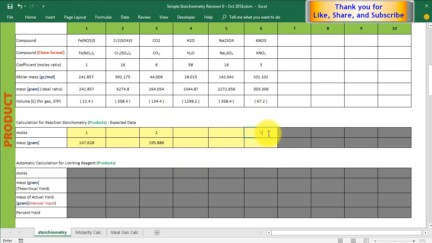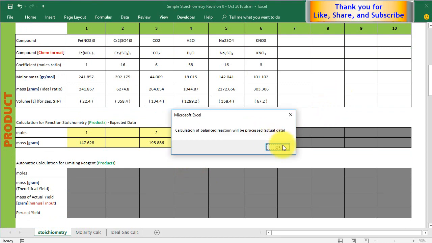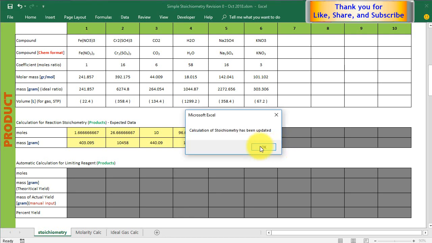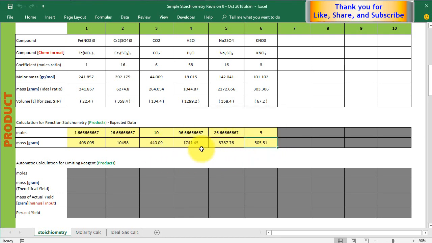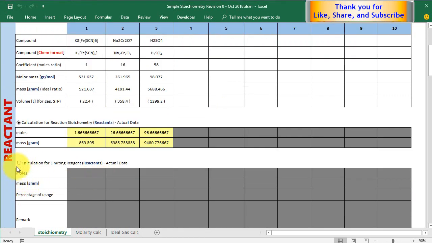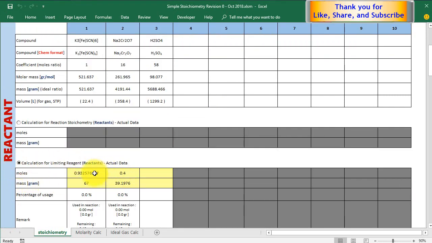Assume that it's 5 moles. Enter. Alright, the calculation is as shown. Yeah, limiting reagent. Alright, this is because we clicked cancel on the previous data.